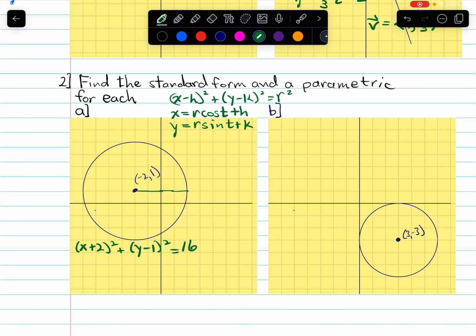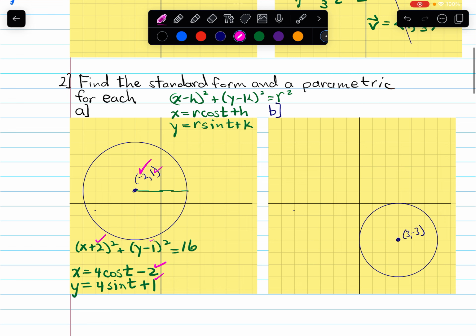And then the parametric, x equals 4 cosine t minus 2, and y equals 4 sine t plus 1. And notice, when you look at these, this minus 2 is exactly the x-coordinate of the center. The plus 1 is exactly the y-coordinate. It's when it's in the parentheses that it's the opposite.